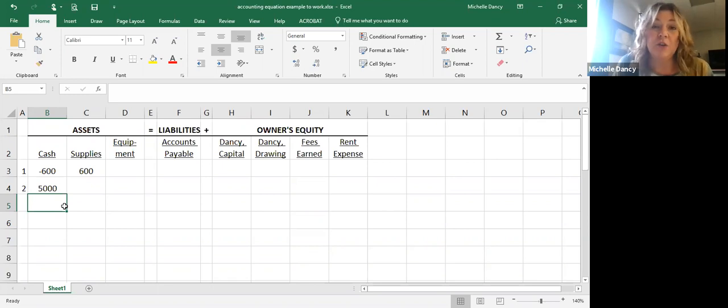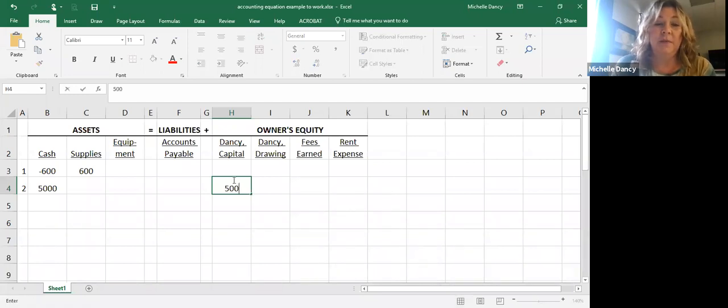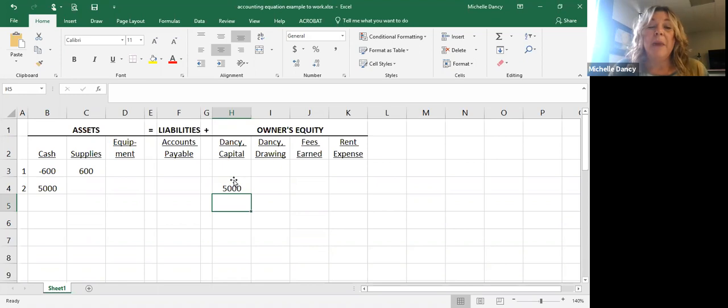That's right, the owner's capital account. So I just made myself the owner on this one, so we've got Dancy Capital. When the owner makes an investment, is the balance of the capital account going up or down? Up, correct, because the owner made an additional investment. So the balance is going up.